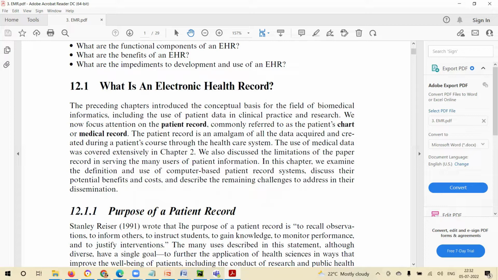All the medical information related to a person. Anything else you can think of? The patient's treatment details.